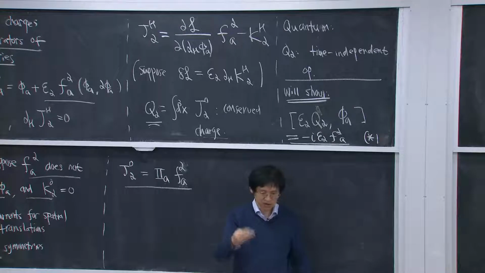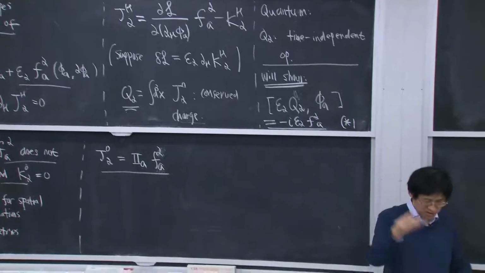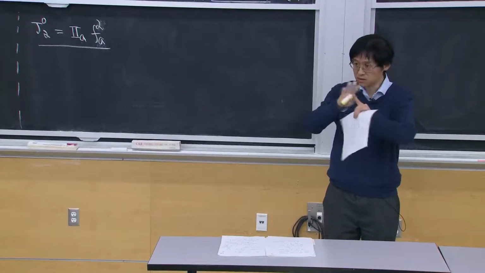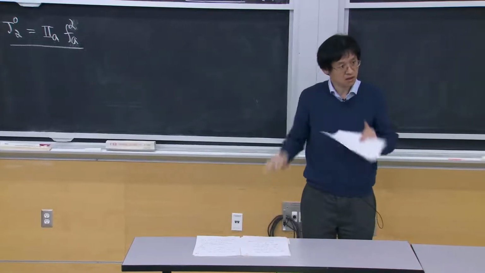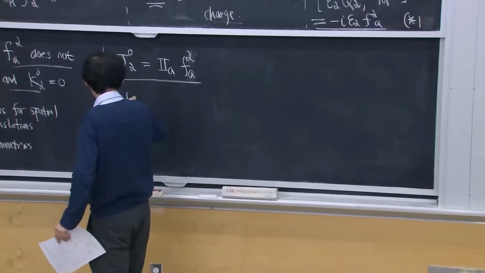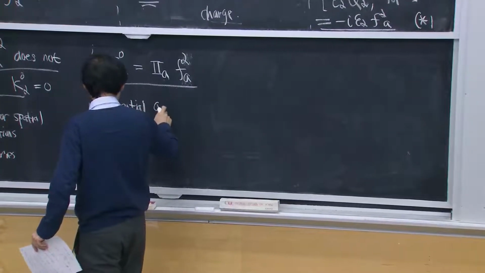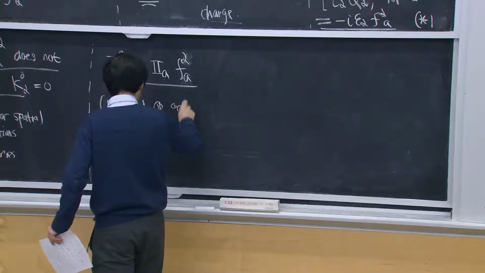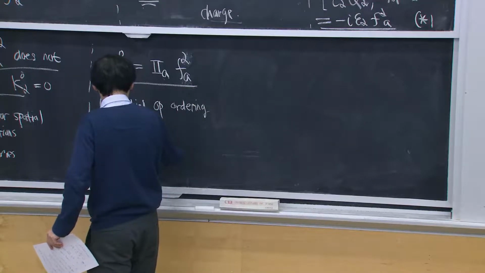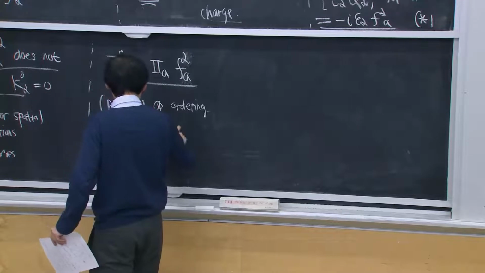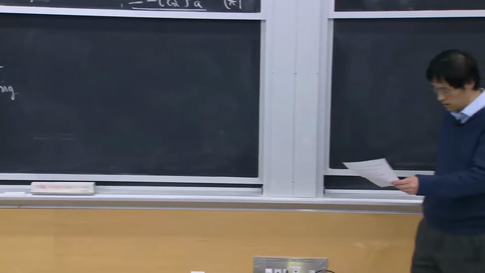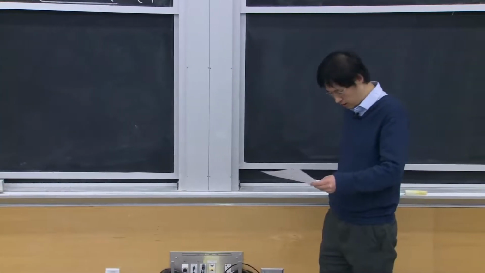When you go from classical mechanics to quantum mechanics, there's an issue of how you order operators when you have x and p at the same time. So here you also have potential ordering ambiguity, and you have to pay attention. Often such ambiguities can be resolved by physical considerations. We will see some examples in a little bit.